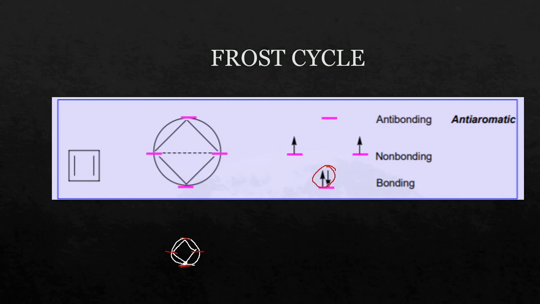So we will first put 2 electrons here, then we will put 2 more here. So you will have 2 electrons here, then we will have 1 more electron here and 1 more electron here, and you can see we have electrons in the non-bonding orbital. So whenever electrons are present in a non-bonding orbital, we will say that that particular system is anti-aromatic in nature.